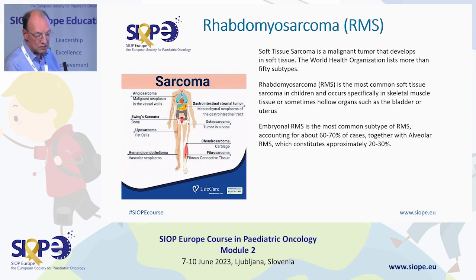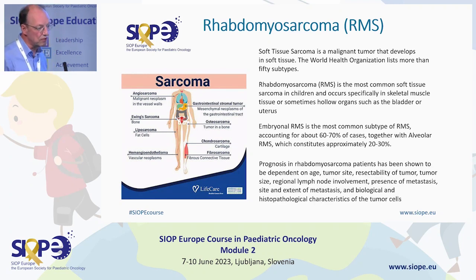Rhabdomyosarcoma is the most common soft tissue sarcoma and occurs specifically in skeletal muscle tissue and sometimes hollow organs, it says. And then again, rhabdomyosarcoma has subtypes, and embryonal RMS is the most common one, and then there is alveolar and a series of other subtypes beyond it.